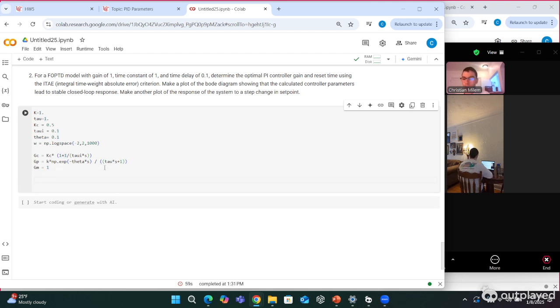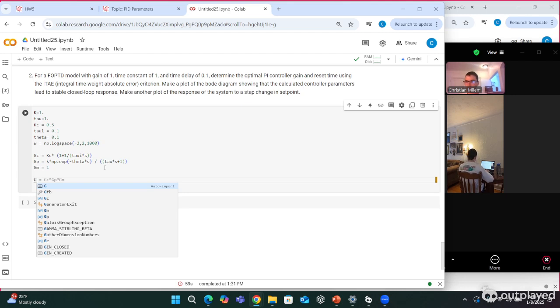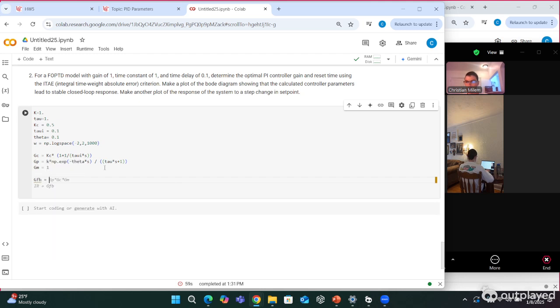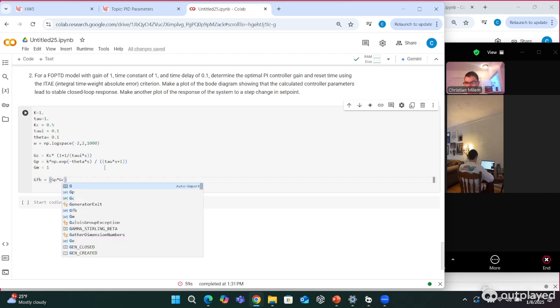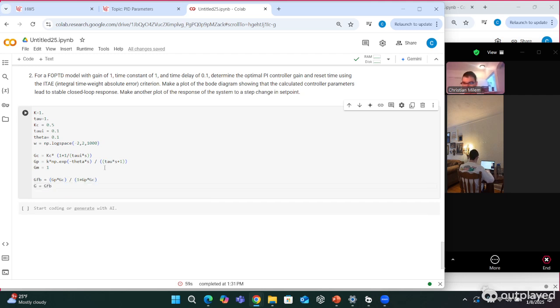All right. Then our overall process, we can call that FD. It's going to equal our closed loop, where it's just the first part on top, and then on the bottom is 1 plus basically everything. So we have GP times GC divided by 1 plus GP times GC times GM, although I guess GM doesn't matter. And then we'll want to simplify this.